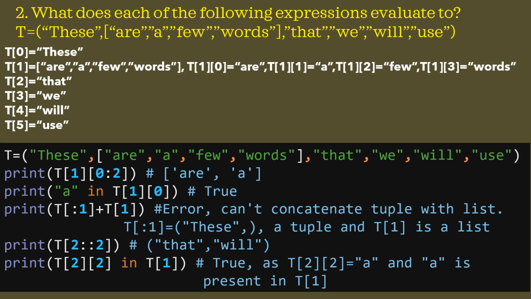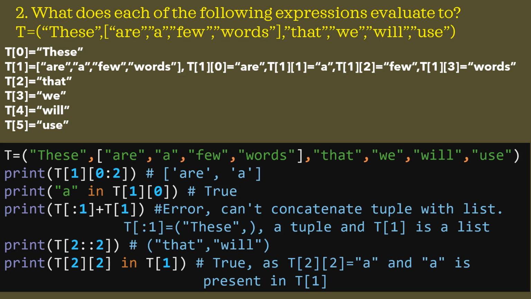Now the next print is T of 2, 2 in T of 1. So what is T of 2, 2? T of 2 is the word "that", present at index number 2 of the tuple T. Now 2 and 2 means the character present at index number 2 of that string, which is "A".